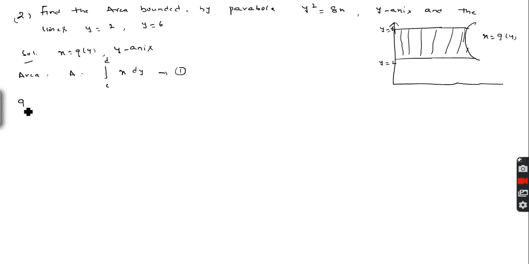Given that y square equal to 8x, here we need to get x only.